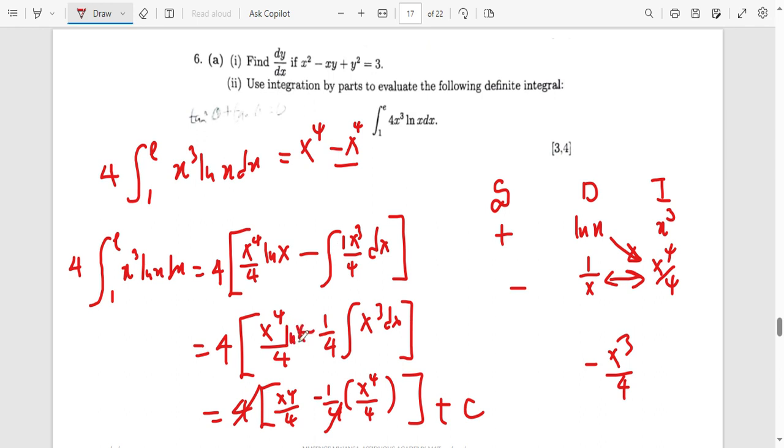There was actually a natural log of x. Even here, natural log of x. So don't forget that. That would have been a very big mistake. And it seems people are not following because you can't tell me that I've left out. So that would be negative x to the power 4 over 4 and then plus a constant c. So this is the integral.